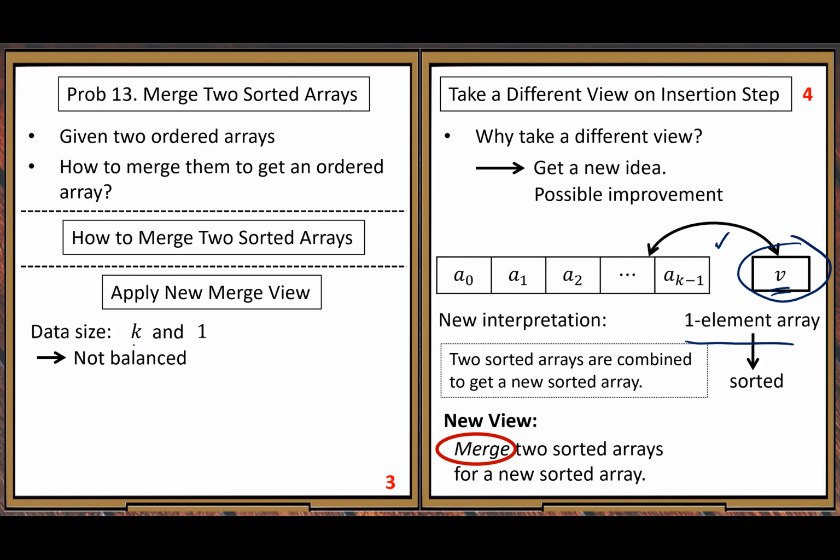But here, if we use the insertion way, the data distribution is not balanced. So its worst case won't be good. It may have a good best case efficiency, but because your data distribution is unbalanced, most of the time you won't get a good worst case efficiency. For our new sorting algorithm, we want a good worst case efficiency.